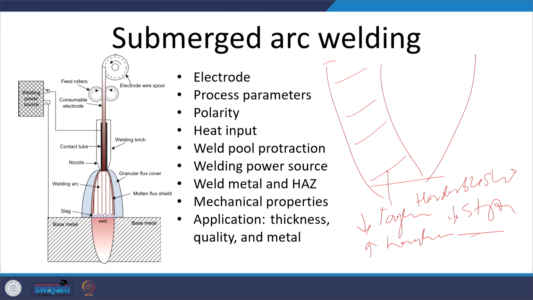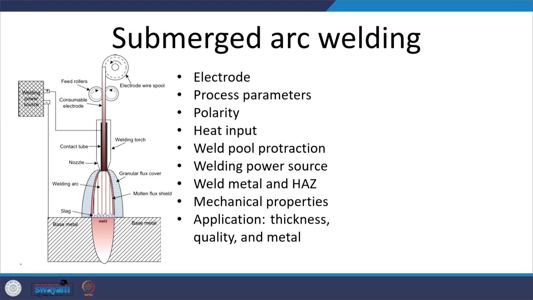So, the joint characteristics are badly compromised when high heat input is used, and this is attributed not just to martensitic transformation, but also to the formation of a coarse grained heat affected zone. The coarse grained HAZ coupled with martensitic transformation compromises the HAZ properties.